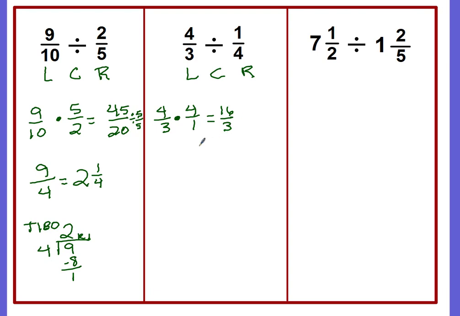Let's change this improper fraction back to a mixed number, do TIBO, top in, bottom out. How many groups of 3 are in 16? 5 whole groups, which is 15, and I have 1 remainder. So as a mixed number, 16/3 is 5 wholes with 1 left over out of 3, 5 and 1/3.